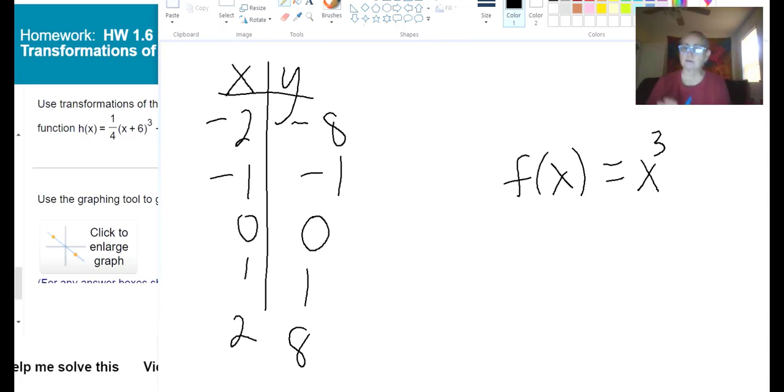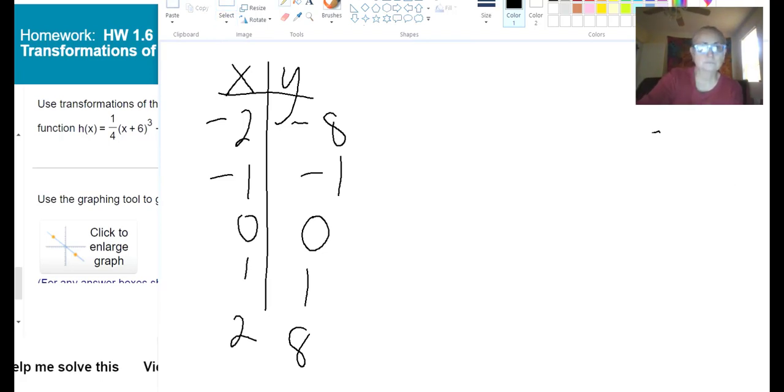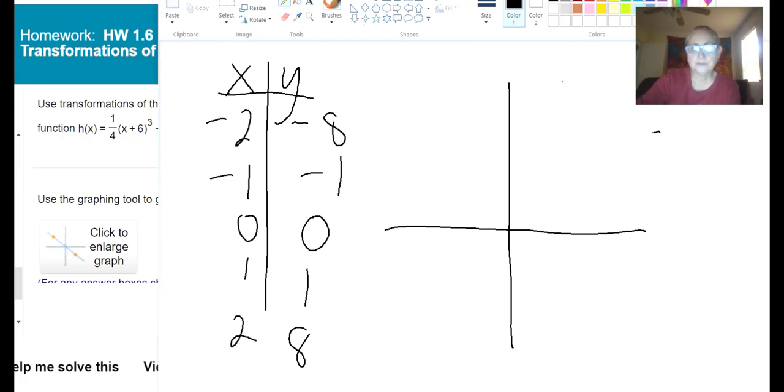I got each of those by taking the x value and raising it to the 3rd power. That's why the graph looks like this. So I'm up here at 2, 8, then all the way down here at 1, 1, and then -1, -1, and -2, -8. It looks like that. Now, I've got to go to the left 6.